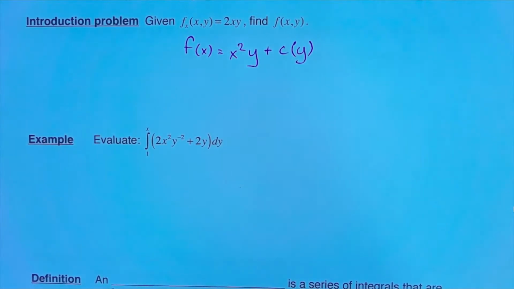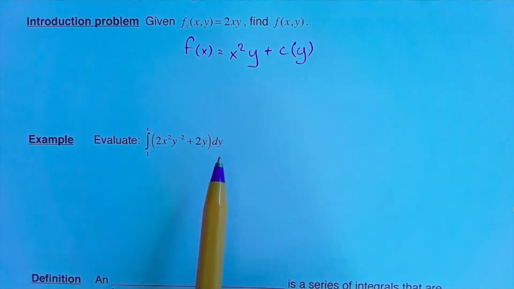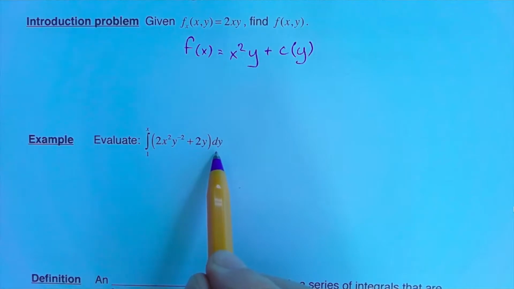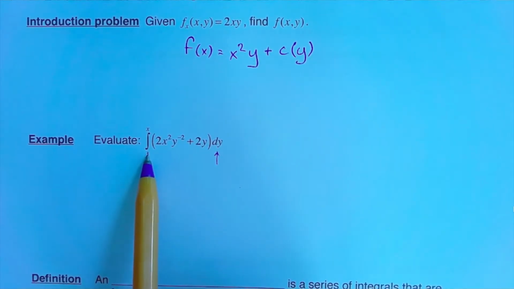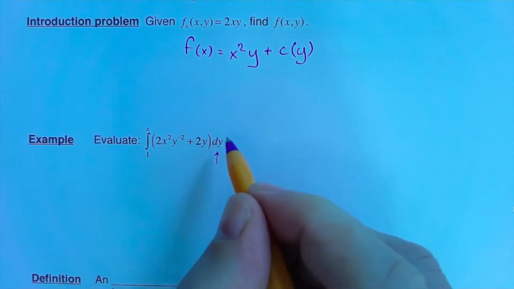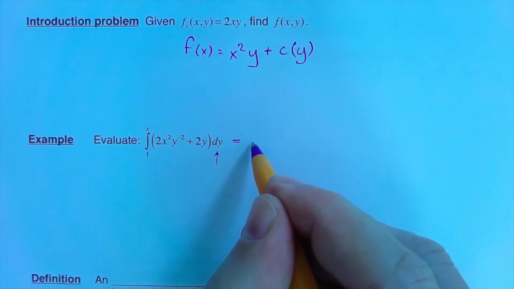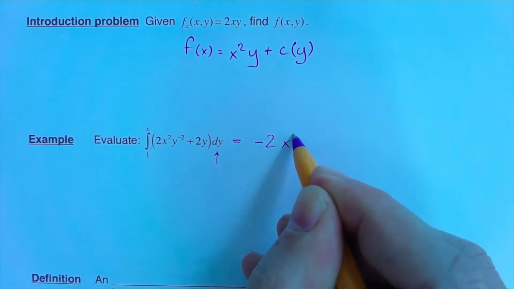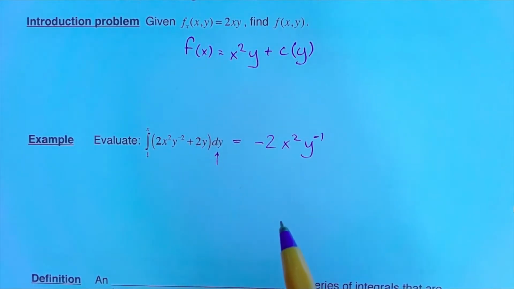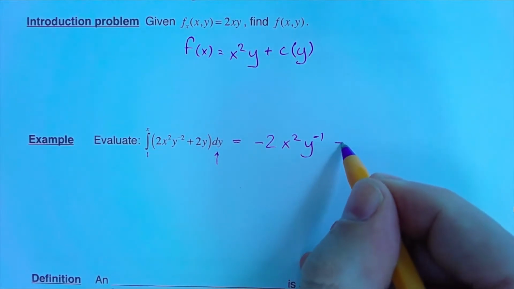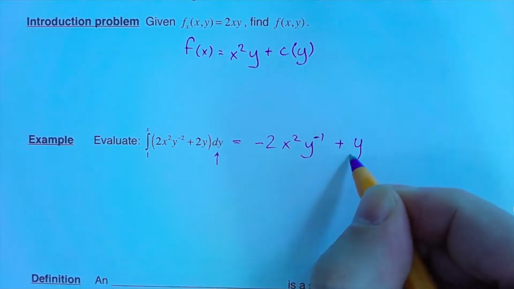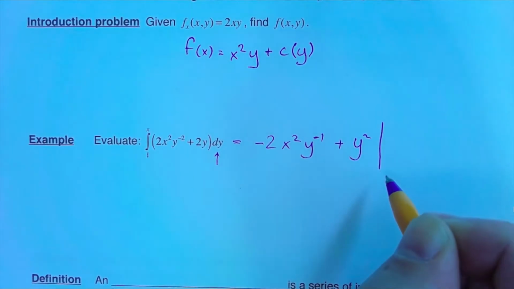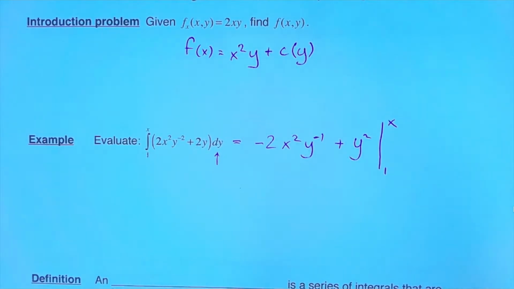So let's have a first example of an integral. This time we see that the variable of integration is y, so always pay attention to the information here, and the boundaries are y equals 1 and y equals x. So if we integrate, we get negative 2x squared times y to the negative 1, plus the integral of 2y is y squared, and we integrate from 1 to x.